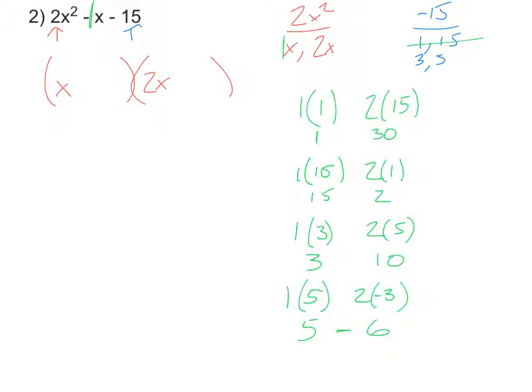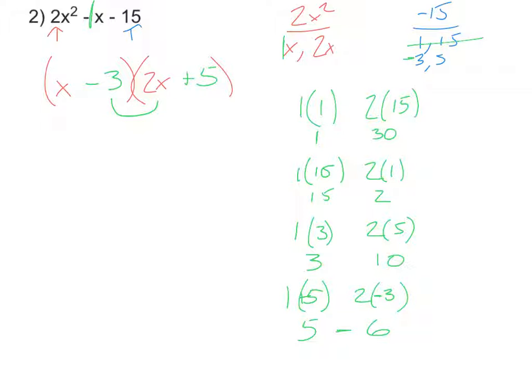That means that this 3 back here needed to be negative, while the 5 needed to be positive. So we want a negative 3 and a positive 5. And it's the negative 3 we want multiplied by the 2. So a minus 3 should go there, which means a positive 5 will go at this end.